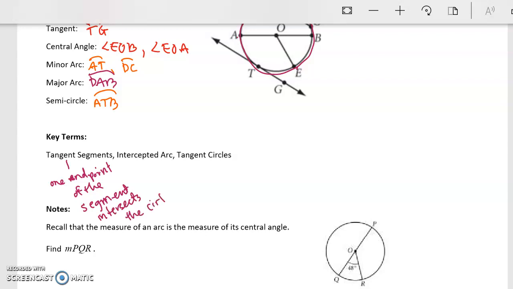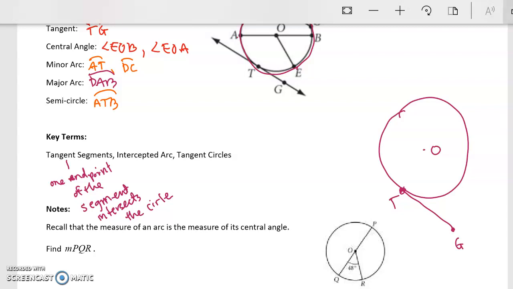So when we think of a tangent segment, for example, let's go back to here. Here's circle O. We would say segment TG is a tangent segment. So the endpoint that touches the circle, that's the tangent segment.